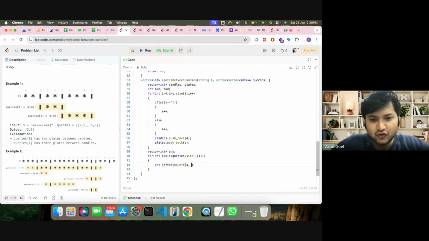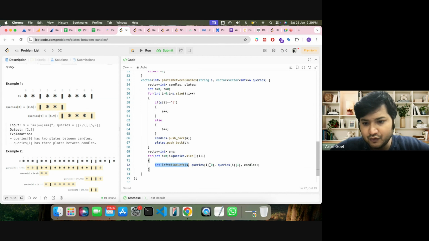So s comma start is queries of I comma 0, end is queries of I comma 1, and your candles wala array.